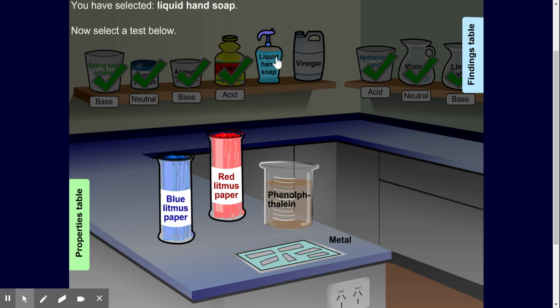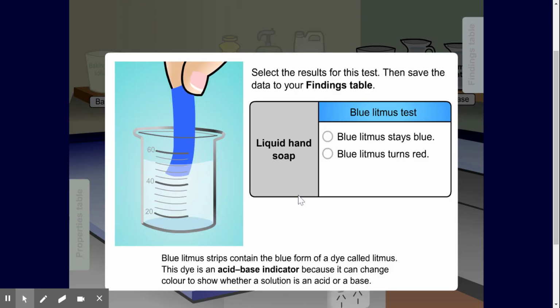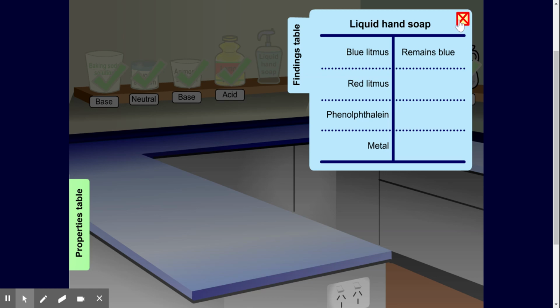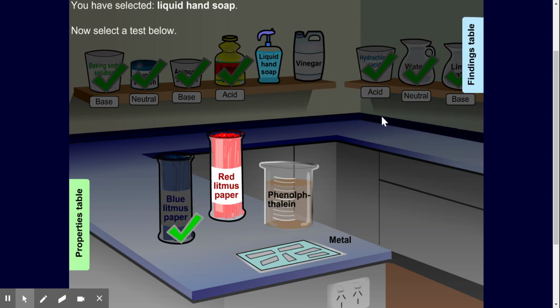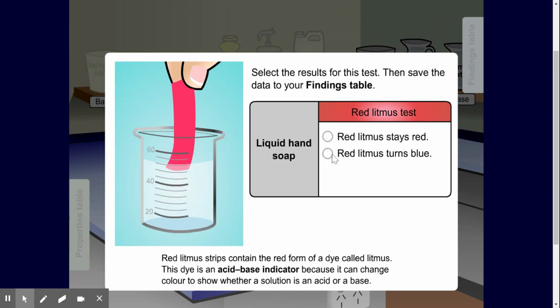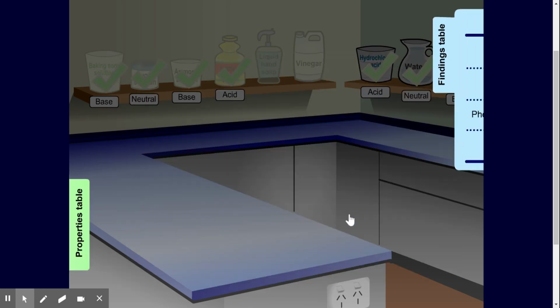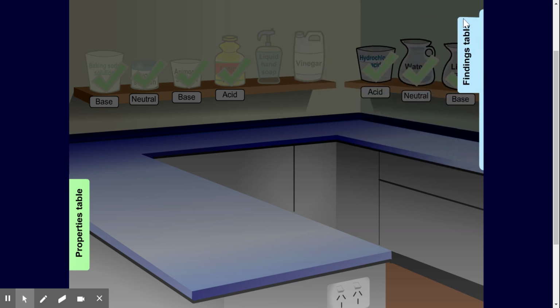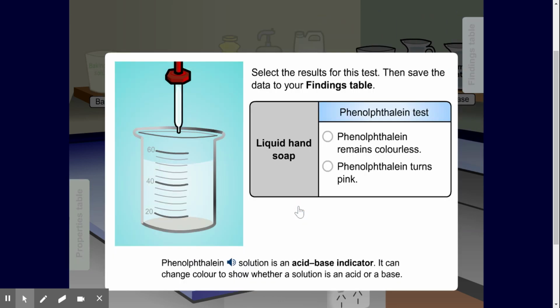And move to the next substance. Hand soap. Blue litmus paper first. Stays blue. Move to the red litmus paper. It stayed red. Move to the phenolphthalein.